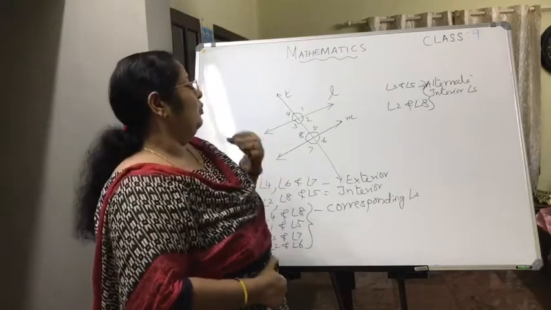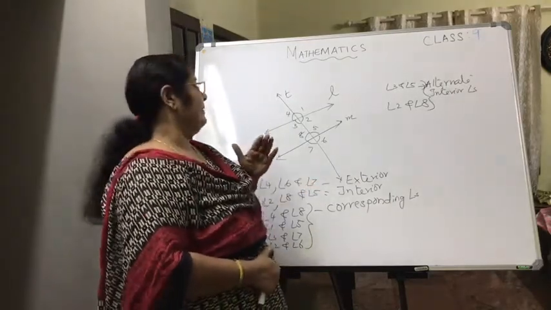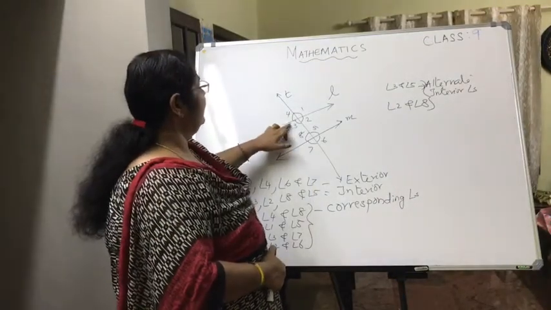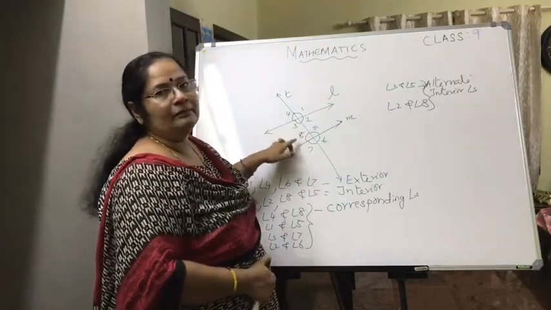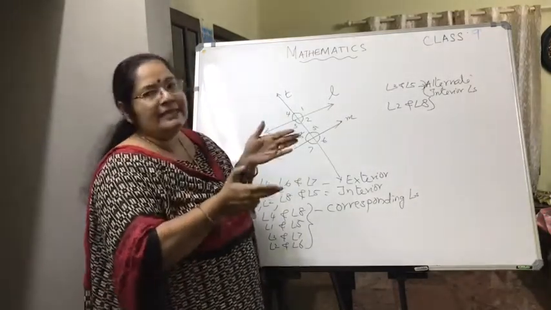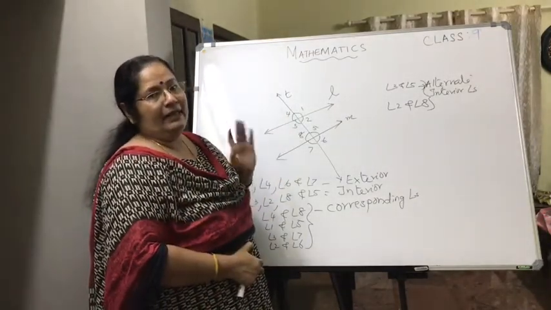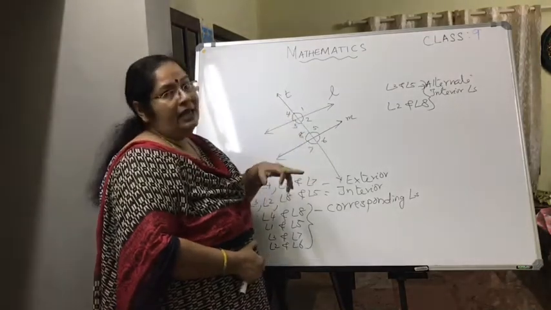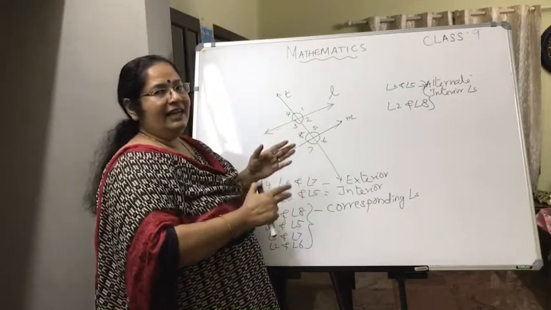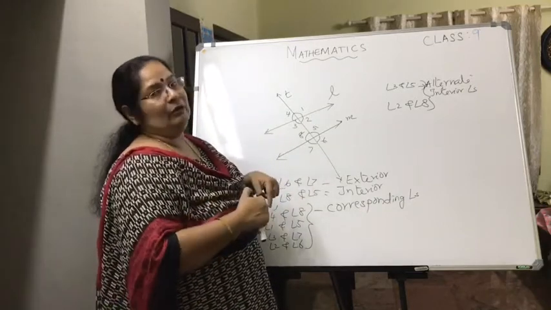Now next, one more set is there. You look at the angles 3 and 8. Where are they placed? They are placed inside the lines L and M. They are on the same side of the transversal. Same side, and both of them are inside also.